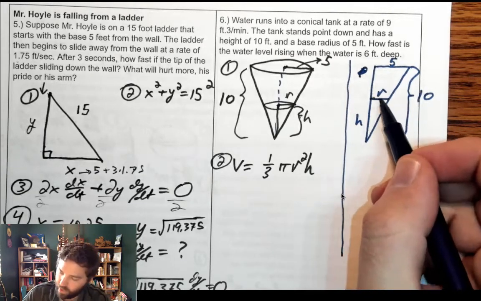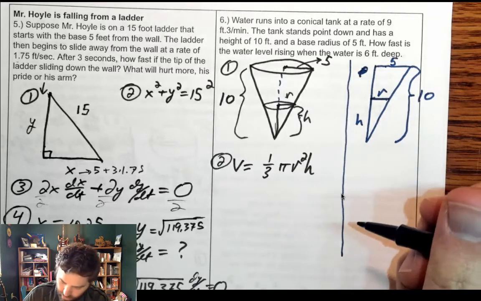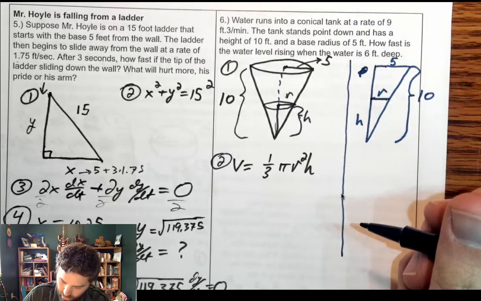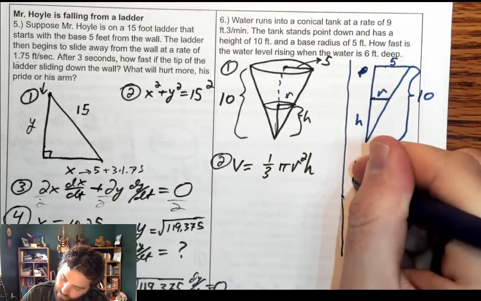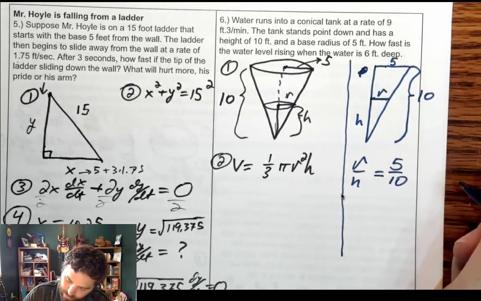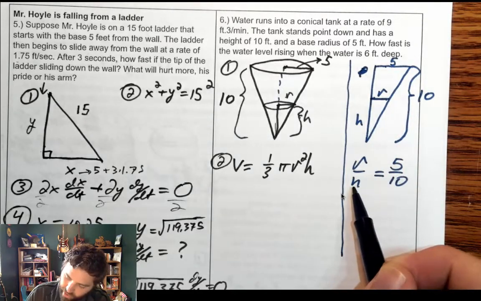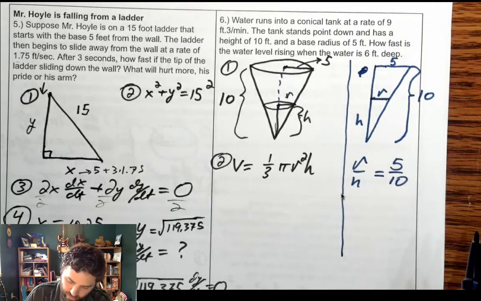So R is to H as 5 is to 10. Okay, and then I can solve this for R and eliminate one of the variables over here.